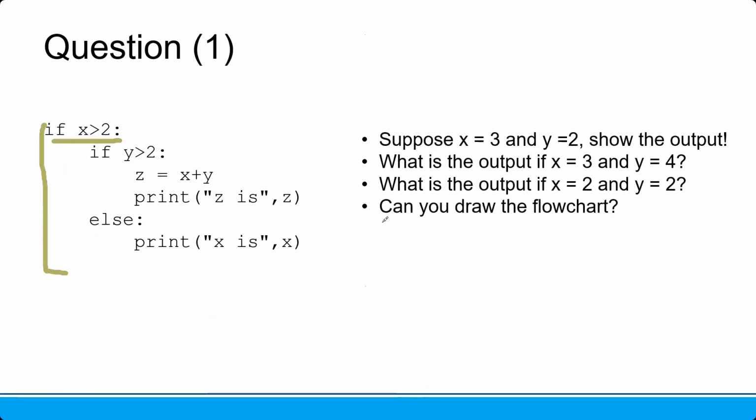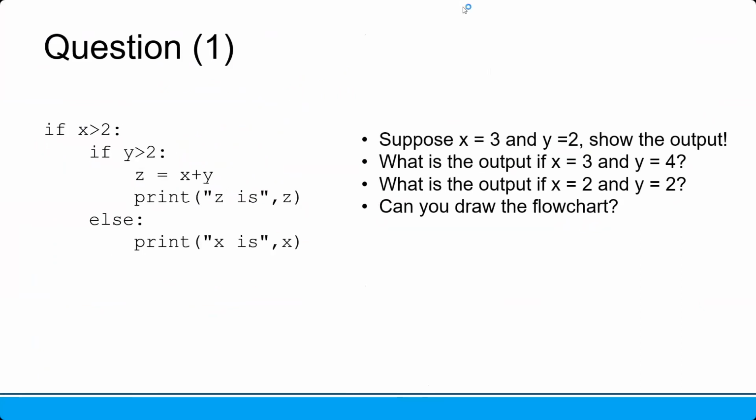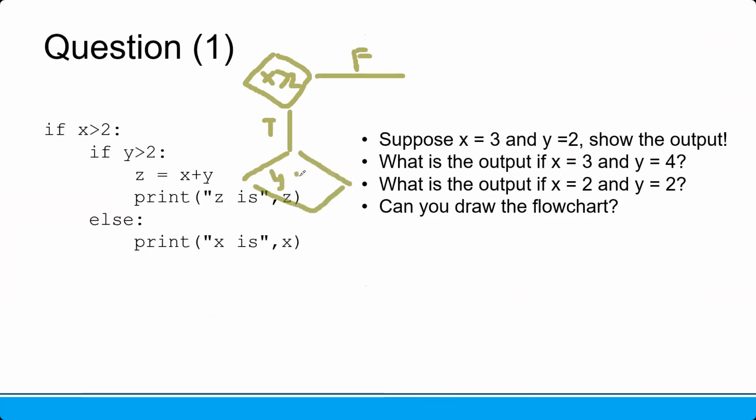So how can we draw the flowchart? Oh, I don't have the flowchart. Okay, so first you will ask this one: x higher than 2. If it is true, you can go here. If it is false, then let's check y higher than 2.